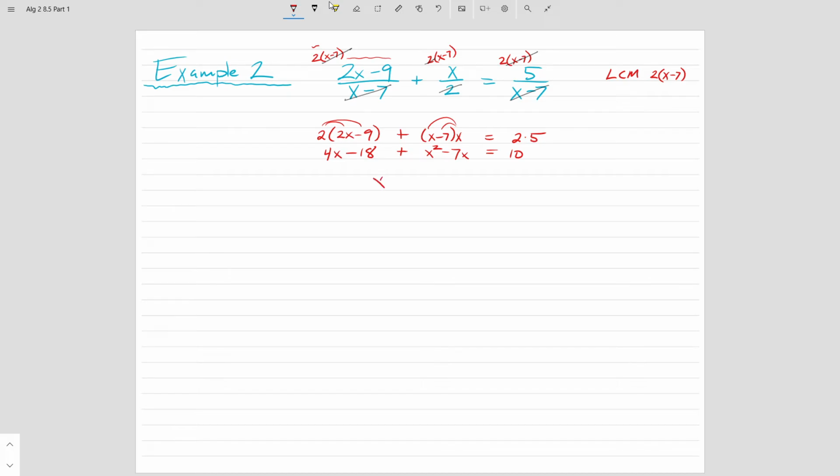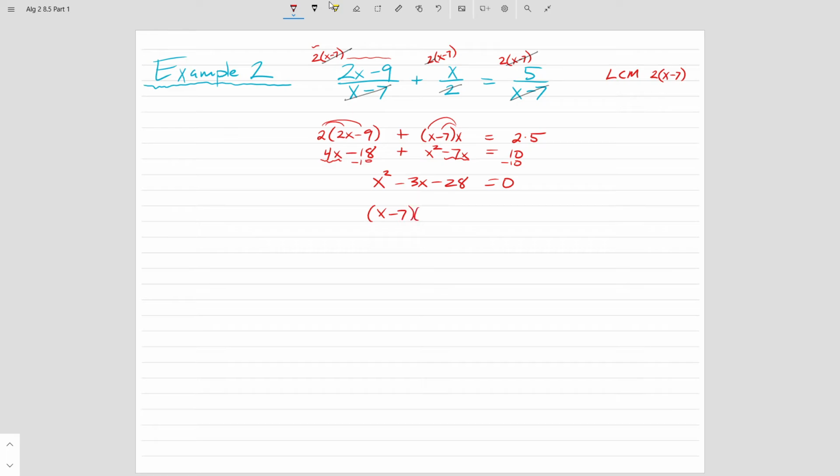And then this is quadratic, so I will put everything on one side of the equation. So I have x squared. What do I have? I have 4x minus 7x. They're on the same side, so I just put them together. Minus 3x. I've got minus 18, and then I've got to subtract 10 to bring it over, so then that would give me minus 28 equal to 0. I factor it if I can, and this one I can because I've got 7 and 4.